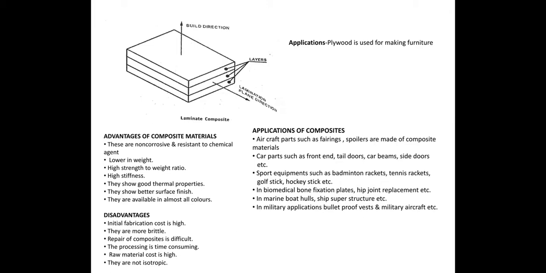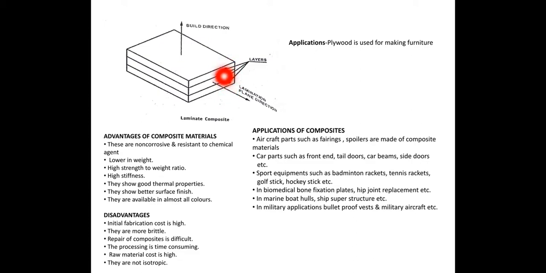Now today in this video I am going to tell you about laminated composites. You see here, this is the first top sheet. This is the matrix material. Then below that, reinforced material is placed. Then below that, again matrix material is placed. That means it is a layer by layer process.